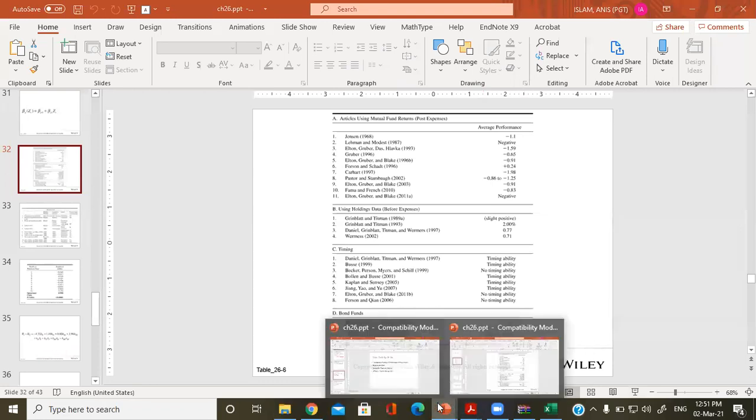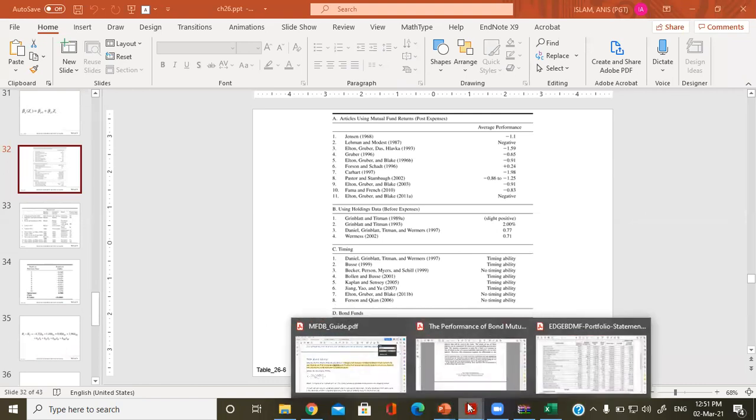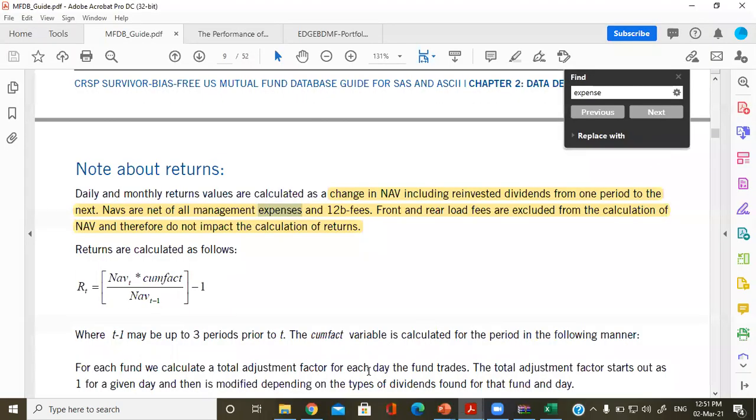Okay. I have a question. Sure. In the return formula, you have shown that we have to multiply the cumulative factor. What do we understand with this cumulative factor particularly? Is it the expense that we are trying to add?